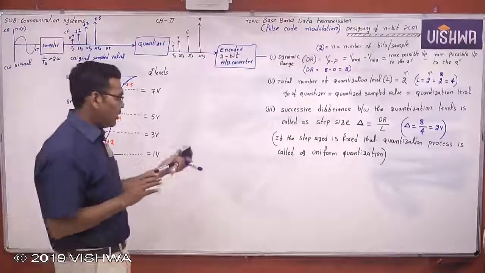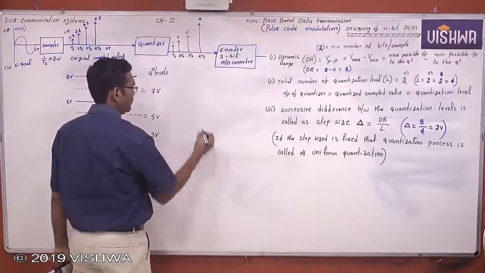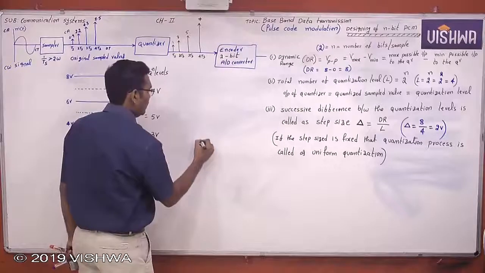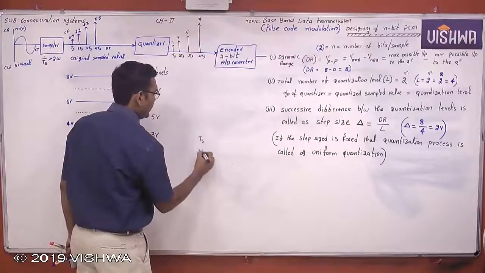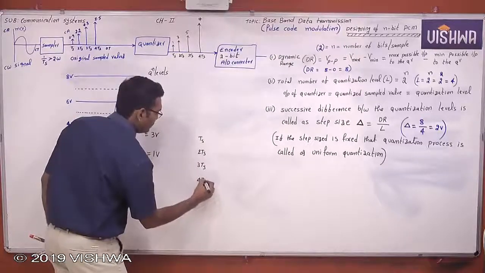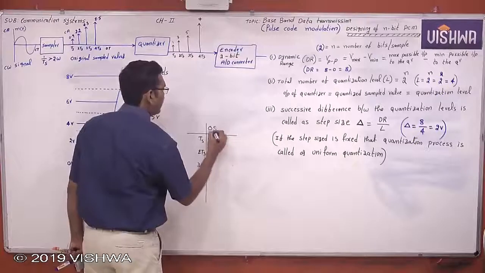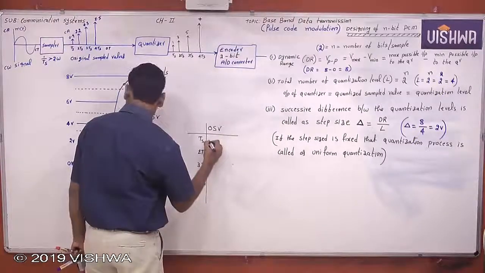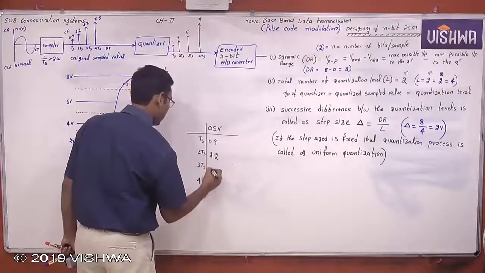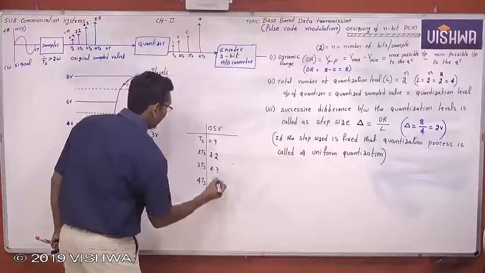Now I will take a table here: at Ts seconds, at 2Ts, at 3Ts, at 4Ts. Original sample values are 0.9, 2.2, 4.3, 7.5.